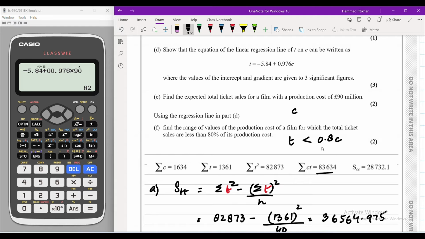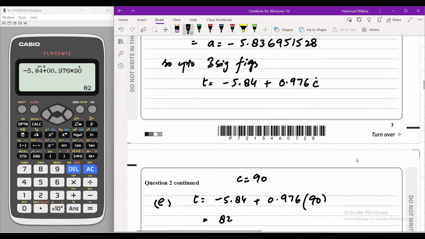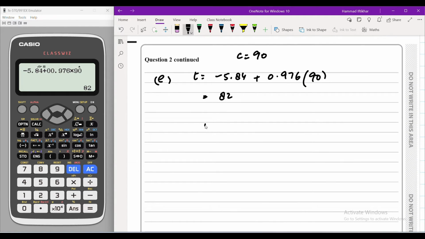Okay, alright, so T less than 0.80 C. T itself is governed by that: minus 5.84 plus 0.976 C less than 0.8 C.